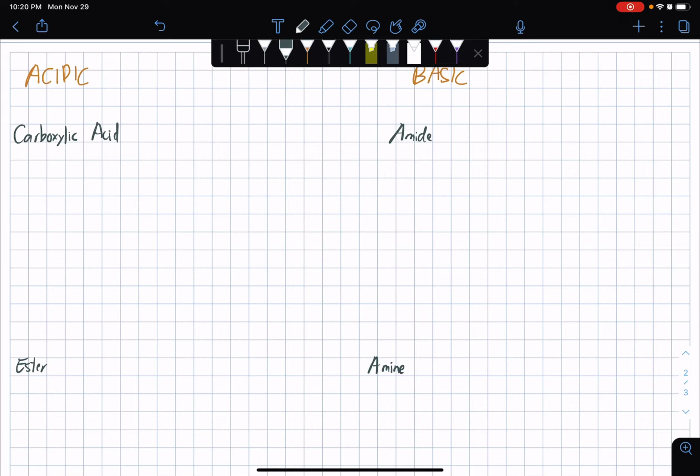For carboxylic acid, we have 5 carbons: 1, 2, 3, 4, 5. So we place it in that kind of structure, and everything else is like a pizza party that one usually attends at school in celebration of a classmate's birthday.